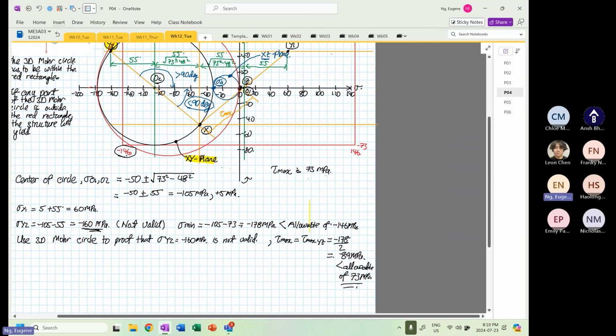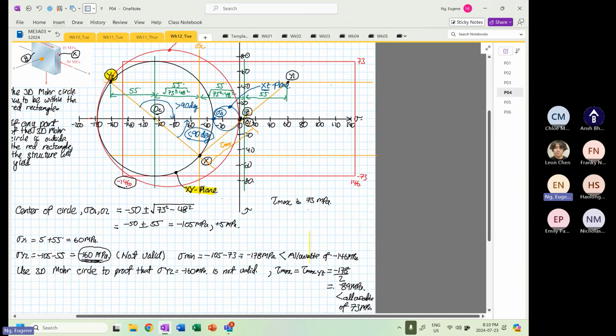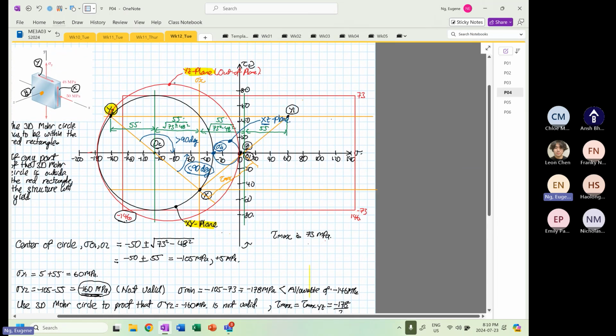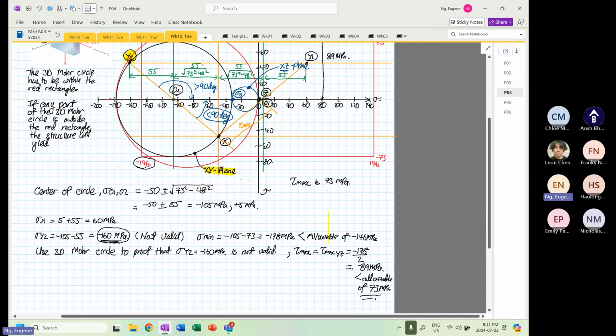Okay, so this is why this fails. So when we calculate 89, this is the distance from here to here, this is our 89 megapascal. So that's why stress Y2 is not possible.